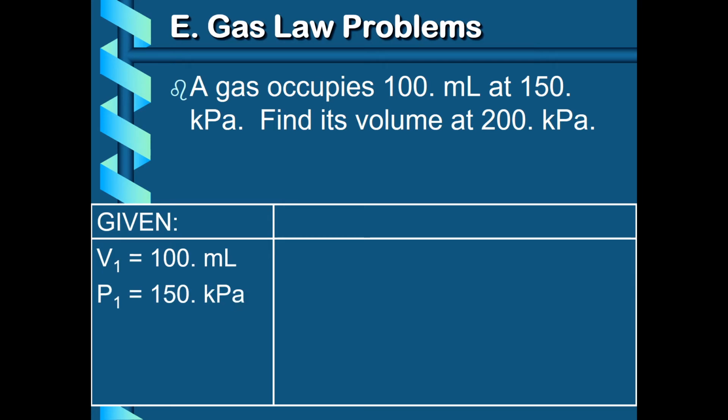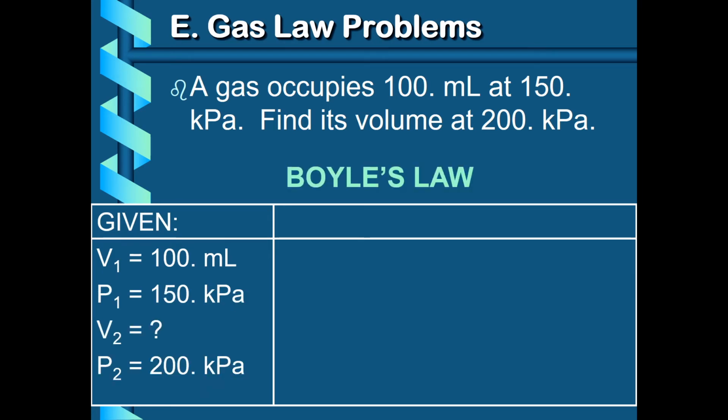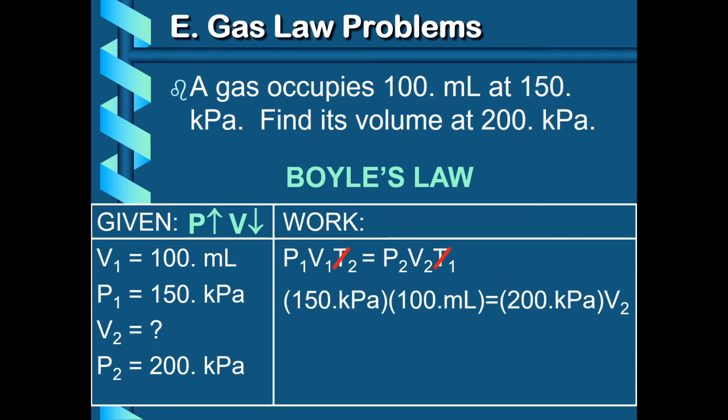So again, they wrote their given variables. I realized that this doesn't deal with temperature, so it has to be Boyle's law. As pressure increases, volume must decrease. And they started with the combined gas law. Again, this PowerPoint uses this version of it. Doesn't matter, temperature is going to be removed. And so they worked it out.